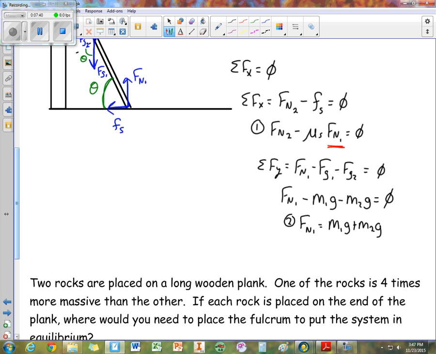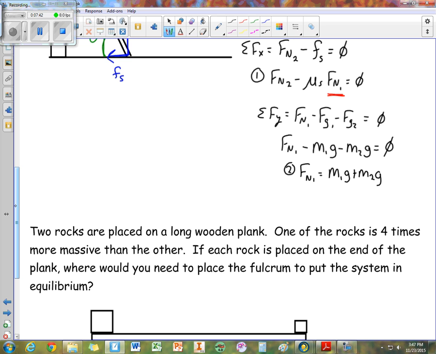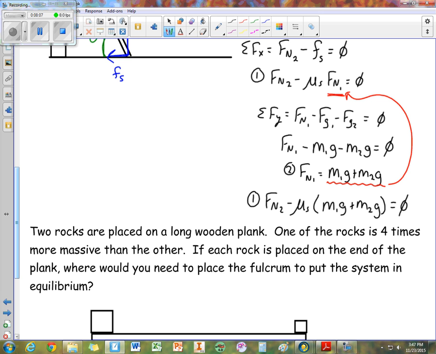So if we go back to formula 1 up here, we have Fn2 minus mu s, and then Fn1 is m1g plus m2g, equals 0. So hopefully you can see that where I took this and plugged it into the normal force Fn1.